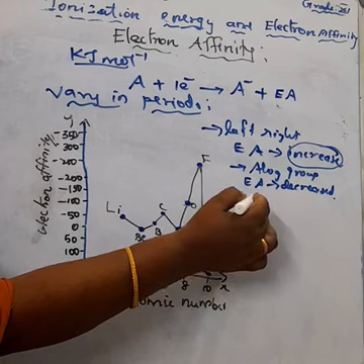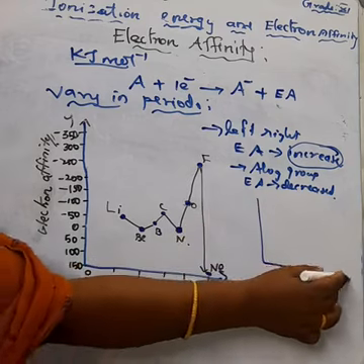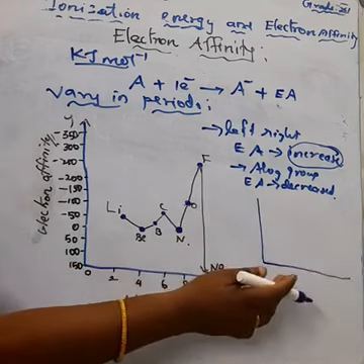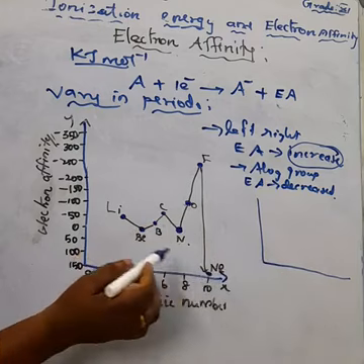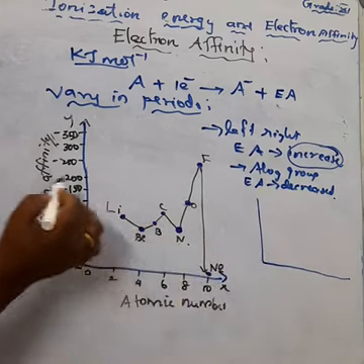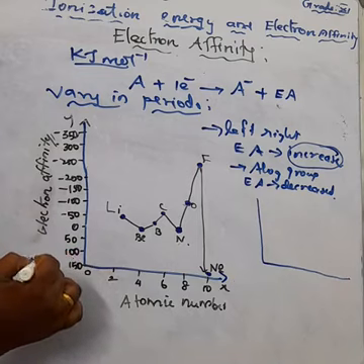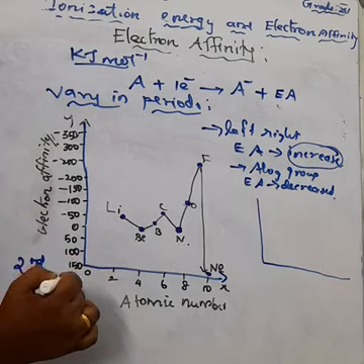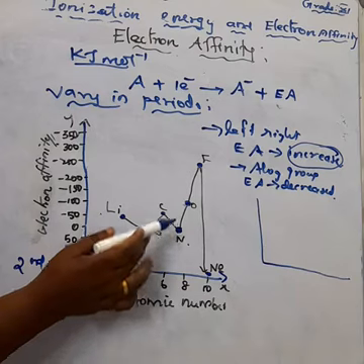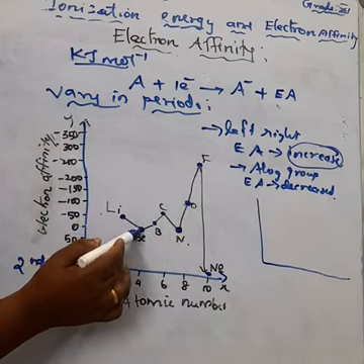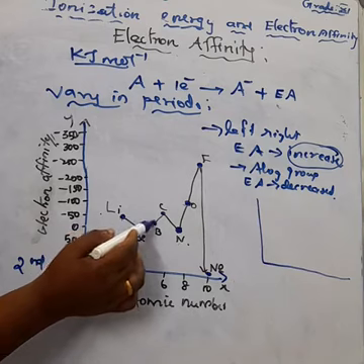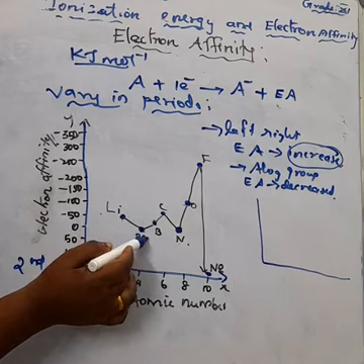See the graph here, when we are moving from left to right, that is lithium to neon, the second period. When we are moving from alkali metal to halogens in a period, generally electron affinity increases. The amount of energy released will be more. This is the general concept.